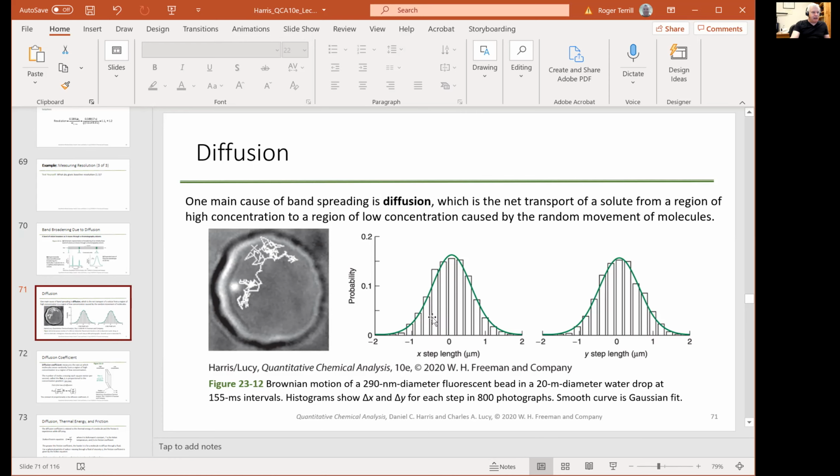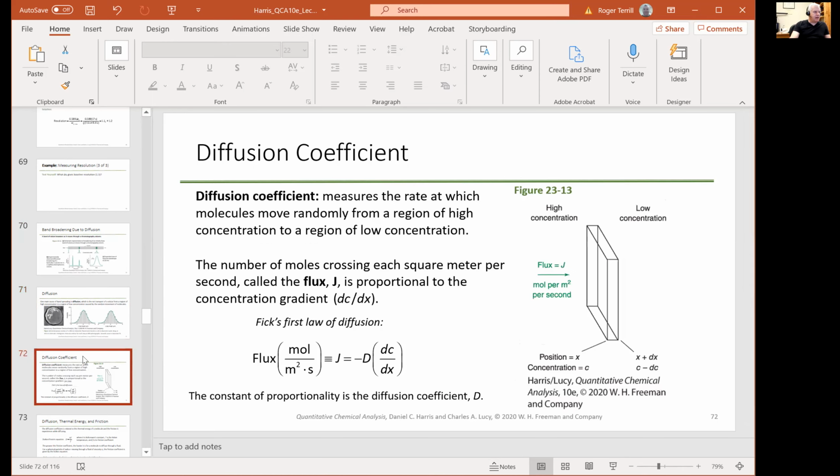If you plot those out, they will develop a Gaussian histogram. It looks like a slightly flattened Gaussian actually, but this diffusion is one source of band broadening in a chromatographic setting. There's no real doubt about this.